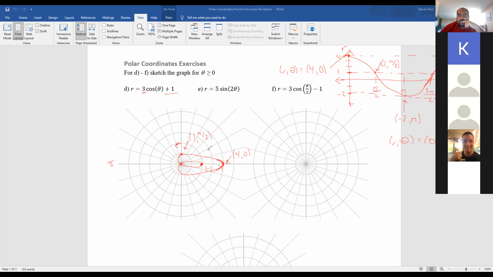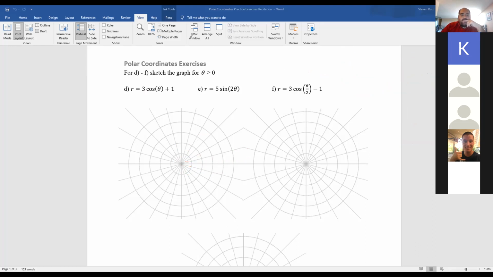Any questions on this first one? Okay, I am going to clear everything out. We're going to go to E now. I'm going to back off a little bit, but I think a good first move is to graph this in rectangular form. I'll give you a couple minutes to handle that rectangular graph, and then I'll ask for some annotations.